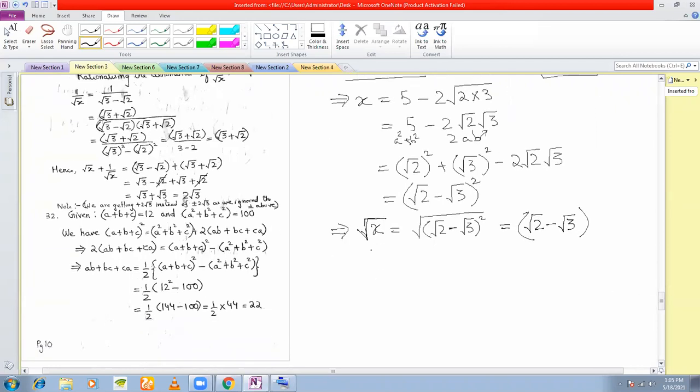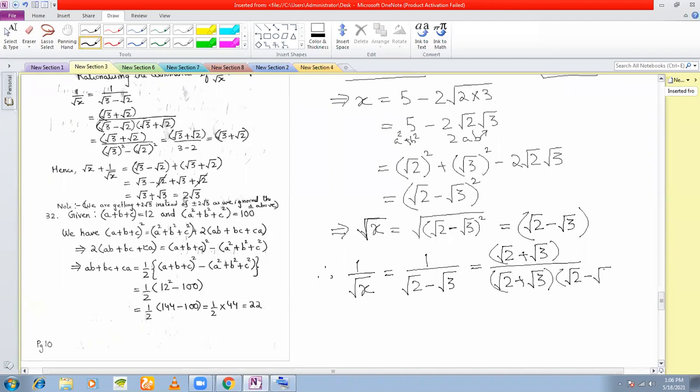Now, once we have got the value of root x, it is easy to find 1 by root x. What is 1 by root x? 1 by root x here is 1 by root 2 minus root 3. We rationalize the denominator. Root 2 plus root 3 divided by root 2 plus root 3 into root 2 minus root 3.